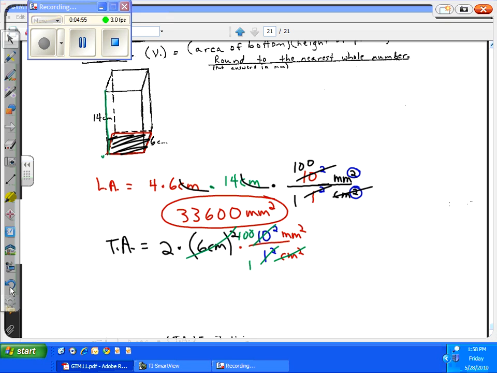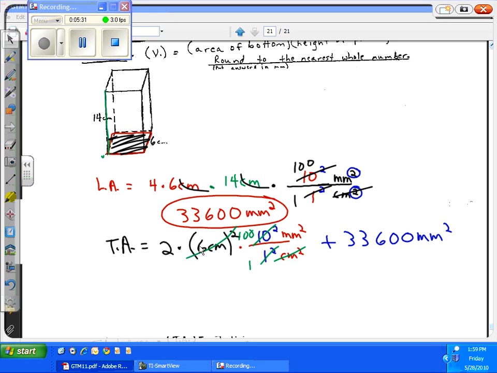That would give us the area of the top and bottom, we need to add to that the lateral area that we found, which was 33,600 square milli. So we're going to have 2 times 6 squared times 100, because that square goes to the 6 and the centimeter square. So we're going to have 6 squared, 36.